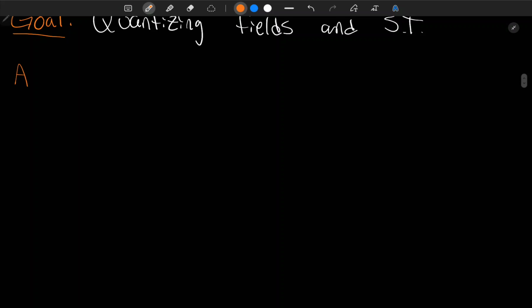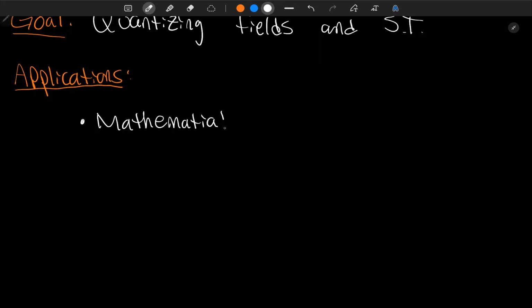So looking at some of the applications, they are threefold. So firstly, we have a purely mathematical application, and that is the subject of the Penrose transformation, which is something that we'll see later in this series.